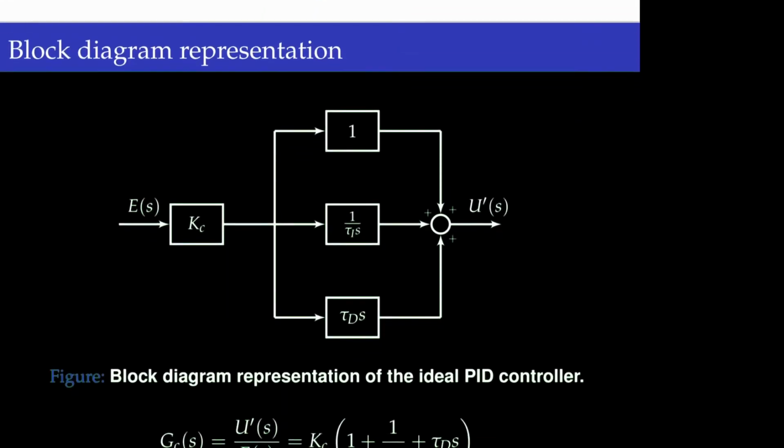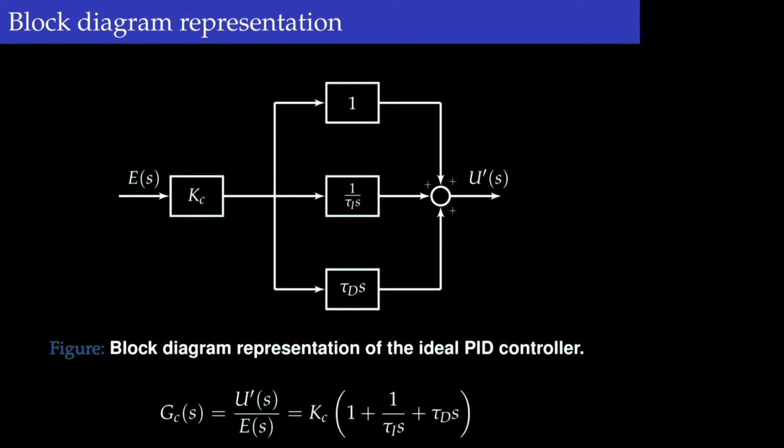Now if we represent this in the block diagram form, we have this representation where these three elements, the proportional element, the integral element, and the derivative element, are expressed as a summation of three outputs from the controller added together, and this is multiplied by this Kc because Kc is common for all of these three elements.